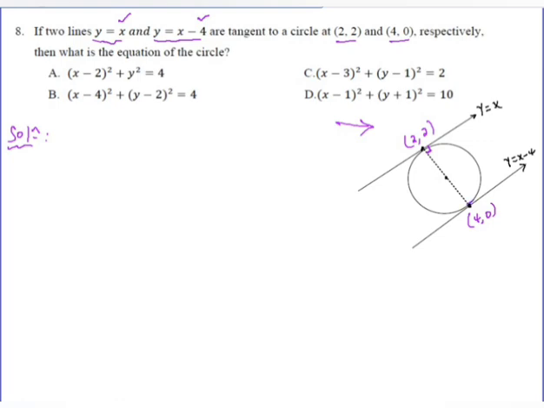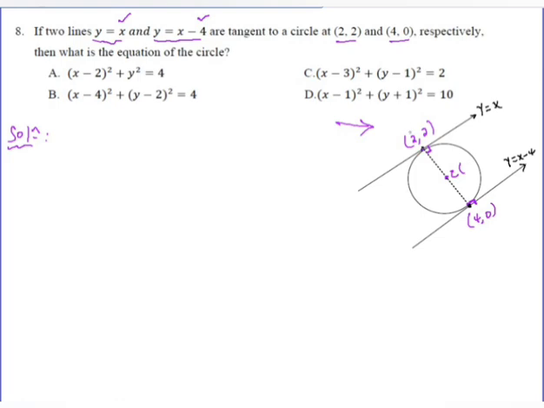Here it forms perpendiculars at both ends. So a line segment passing through the center will be perpendicular to the two tangent lines, and the center of this circle will be the midpoint of the points of tangency.